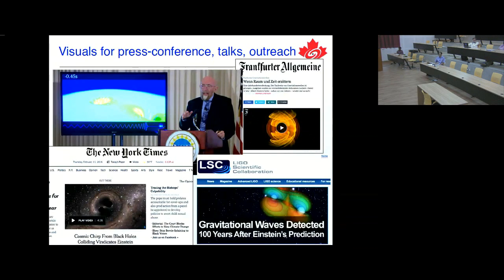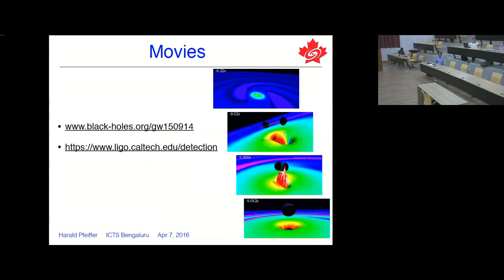Bottom left, the lensing movie has been particularly popular. It was generated by folks at Cornell University. And the bottom right is a still image from also a very nice movie by Georgia Tech that's still gracing the LIGO webpage. With remote talks, it's difficult to show movies, so on slide 41, I just list 2 URLs that have quite a few different movies. I encourage you to go there and watch some of them at your leisure.